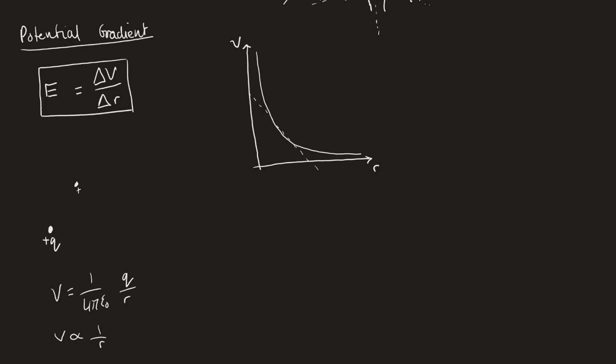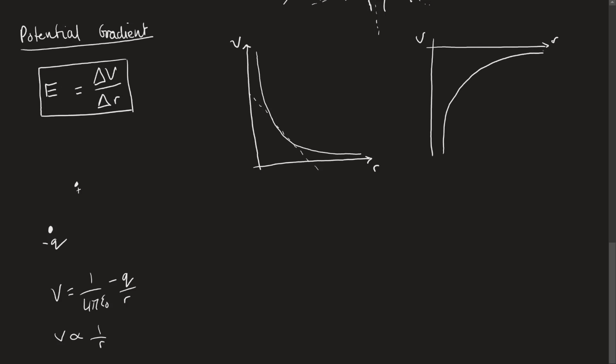These graphs can then prove that we can have electric field strength as both positive or negative, because if I change this situation and instead had a negative charge at the center, then all my potentials become negative, and I will end up with a graph that looks like this, as we did in gravitational fields.